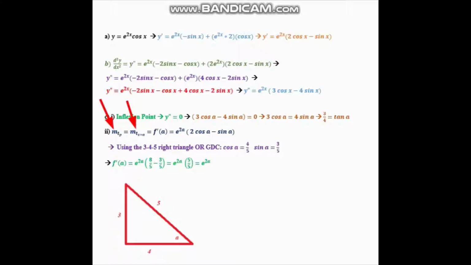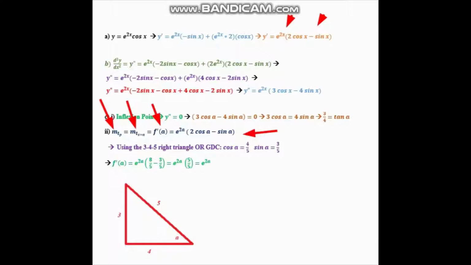So I evaluate that by f dash of a. So I'm just going to plug a instead of x into this equation. Hence I get e to the power of 2a times 2 cosine a minus sine a.